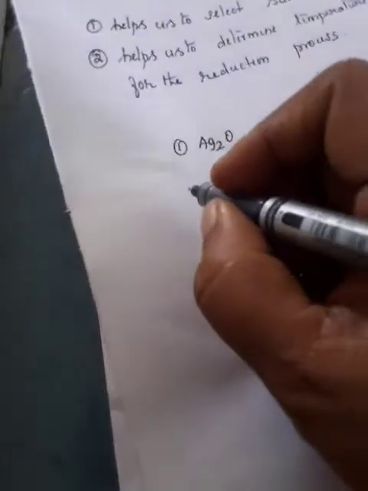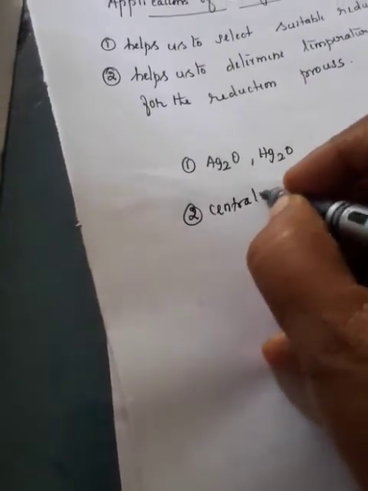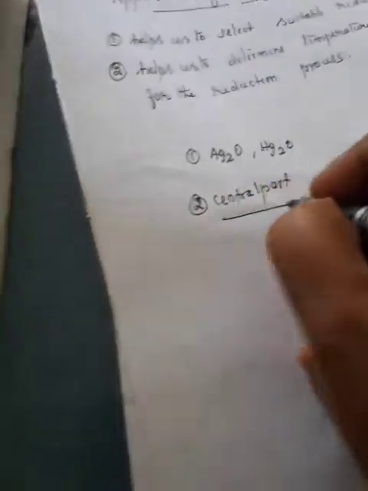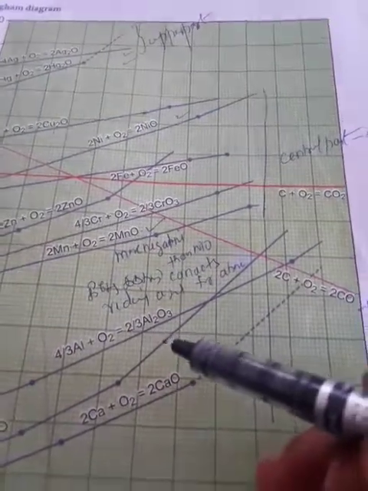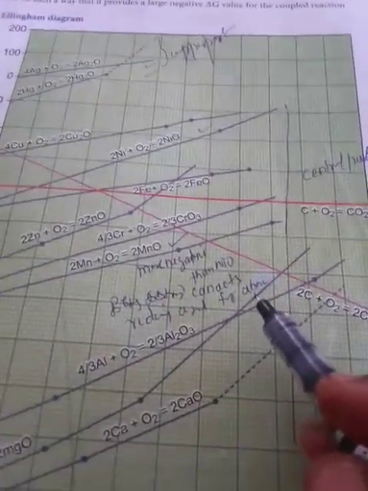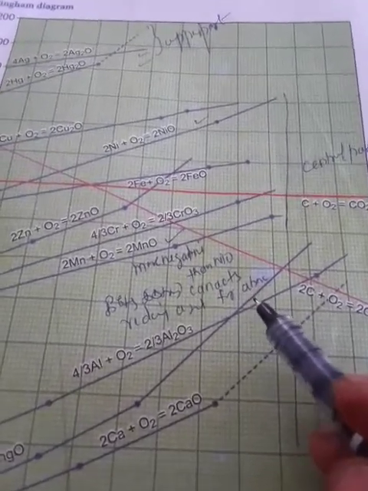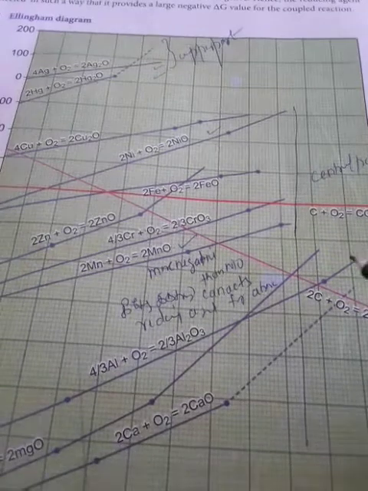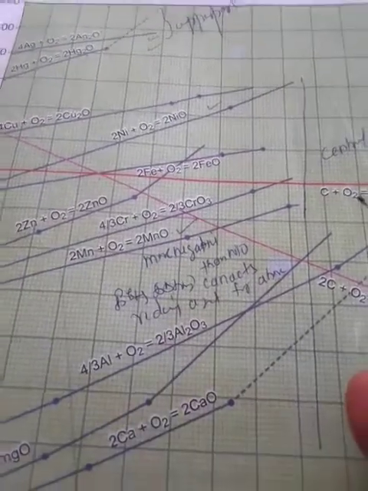The next one is the central part. The remaining ones are all the central part. Here it tells about the thermodynamic feasibility, that is, whether the reduction is feasible or not.